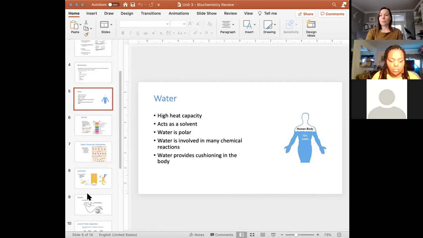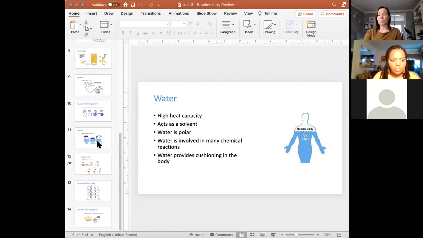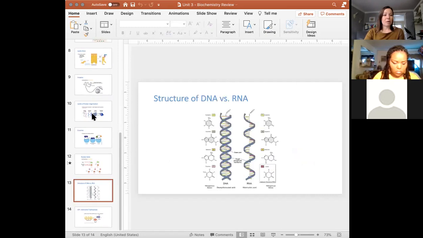So water is involved when you're breaking down nutrients into their building blocks. It's also involved sometimes when you're building new molecules. And that's just one of the functions of water. I mean, it has many functions in the body. And so that's about it.